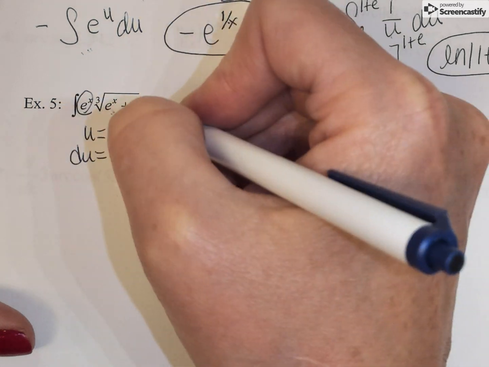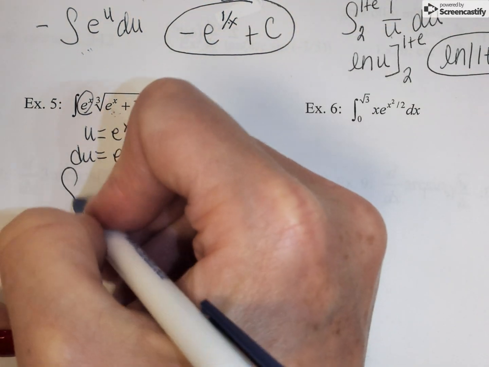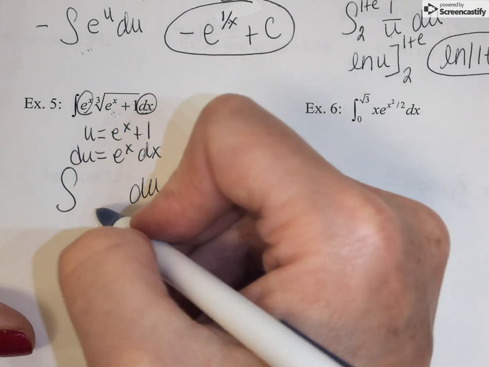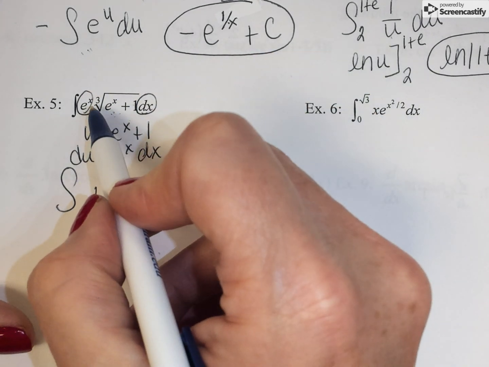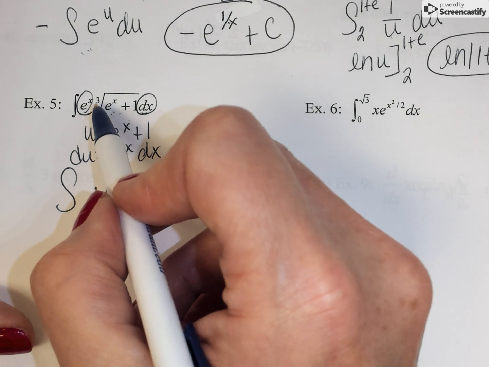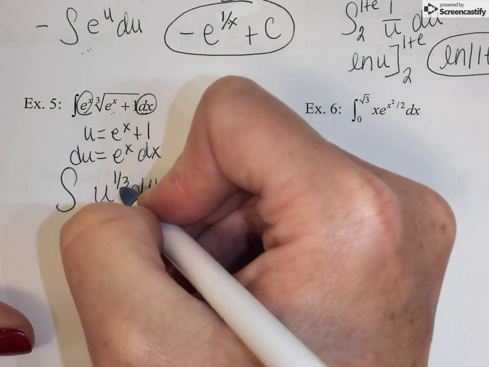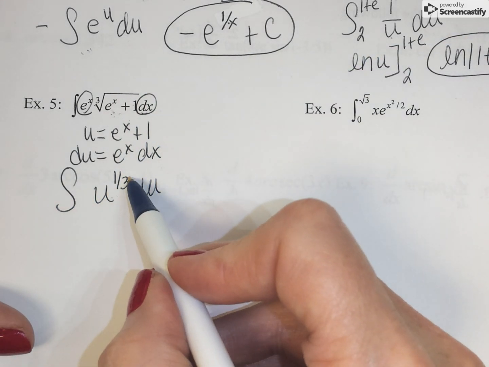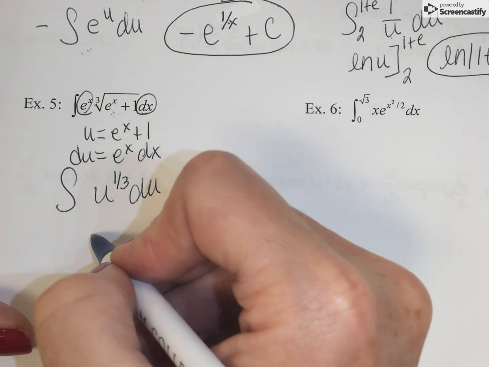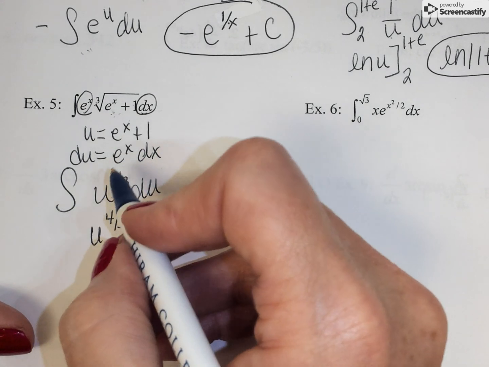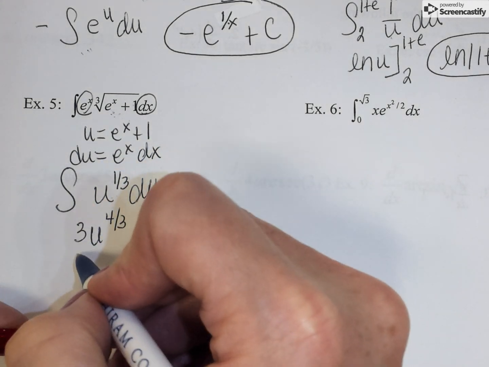So right here is e to the x dx. That's going to get replaced with du. Right here is the u value, and we have to see what's happening to that. Well, if we're taking the cube root of it, it's going to be to the 1/3 power. And so now I'm going to want to add 1 to that. And after I add 1, I have to multiply by the reciprocal.